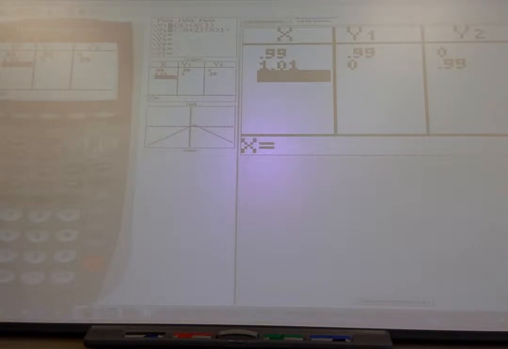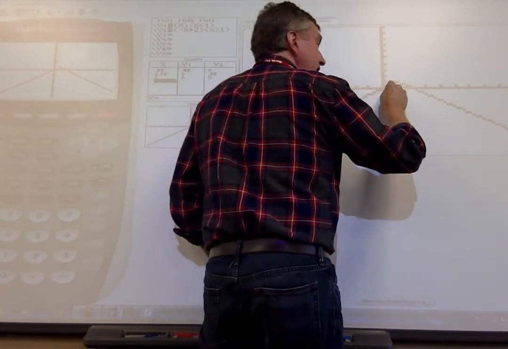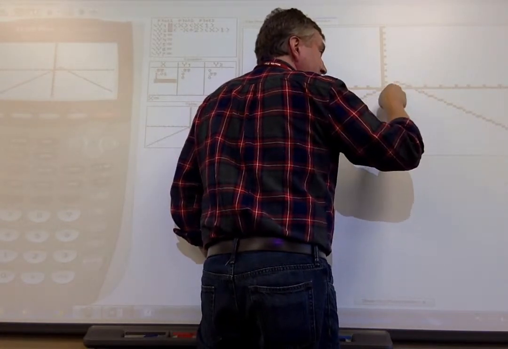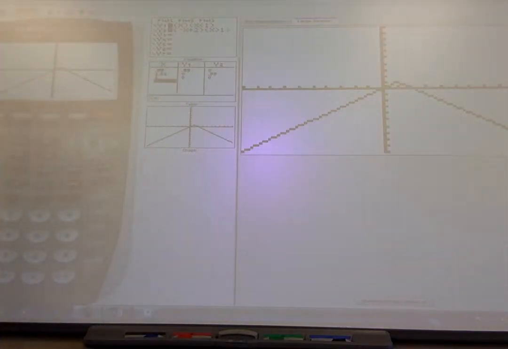From whichever way I approach 1. But the function itself, if I let x equal 1, it's 0, isn't it? So, but it gets closer and closer to a y value of 1 for both sides. So if I look at that graph again, the closer I get to 1 from either side, that y value goes to that point, which is positive 1. That would be my limit if it approaches.